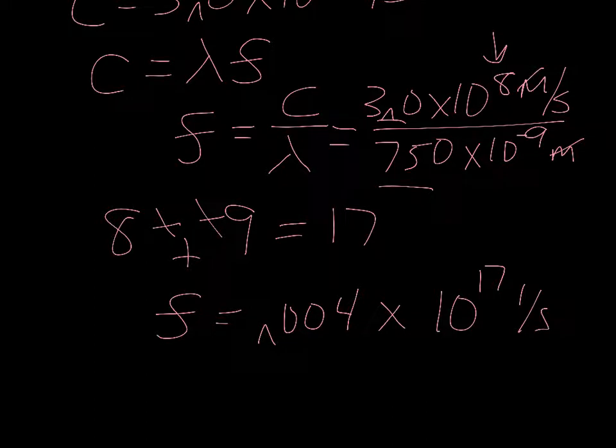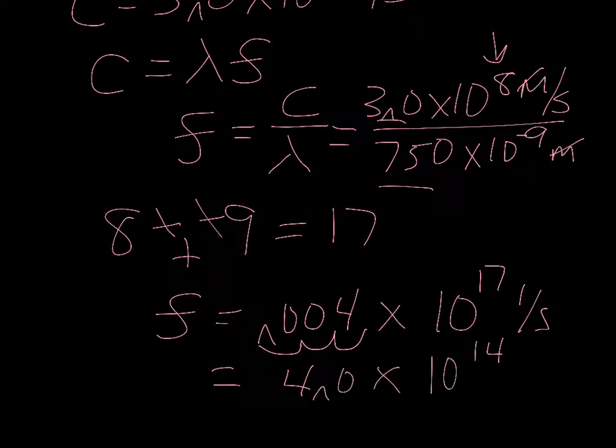I need to make sure that I take this value and put it into the correct notation. So I'm going to put it in scientific notation. I'm going to move the decimal 3 places to the right. By doing that, I have to change my exponent. I have to drop it down. So it would really be 4.0 times 10 to the 14th hertz, or per second.